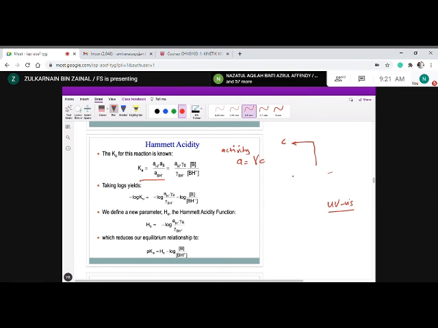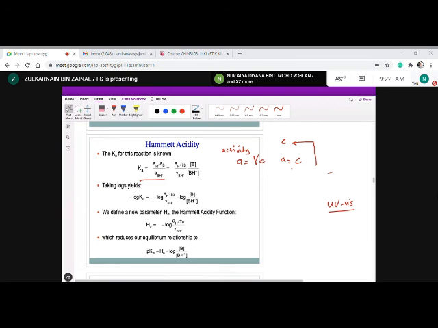The activity coefficient can take a value from 0 to 1. Okay, so meaning that activity A is not necessarily equal to concentration C, right? Meaning that not all the concentration that you expect is contributing to the activity of the acid, for example, in this case.